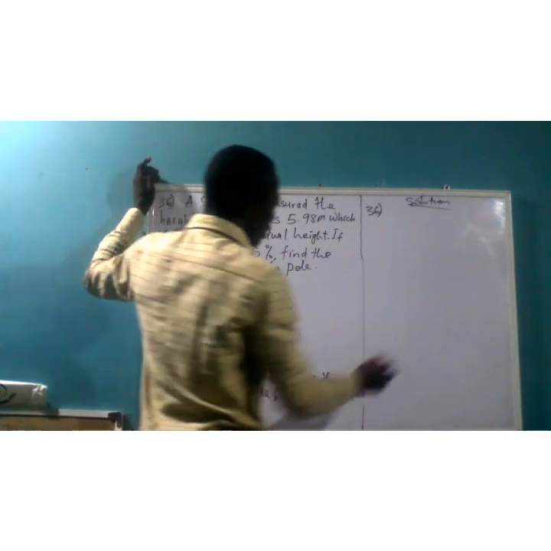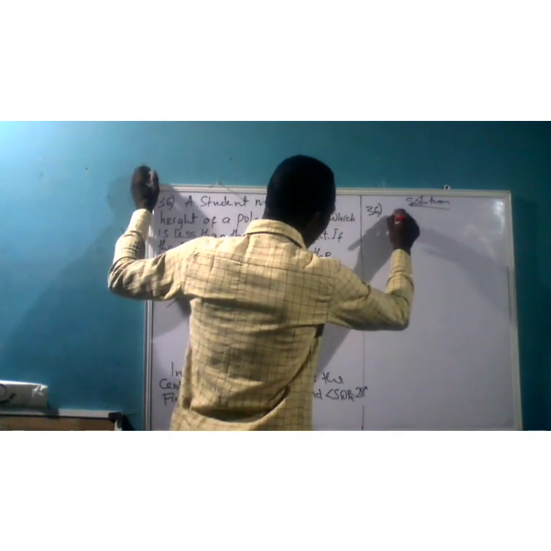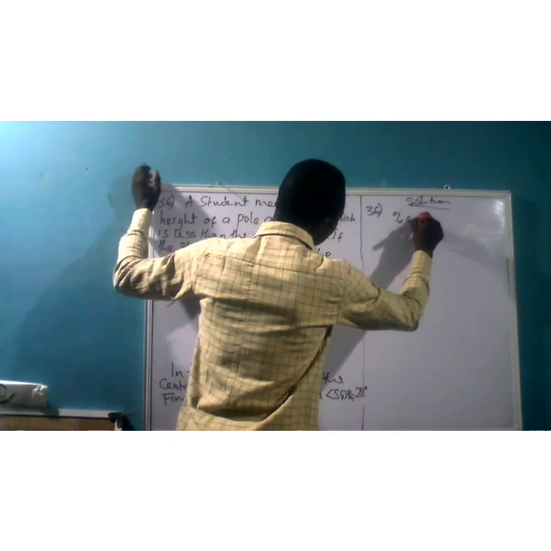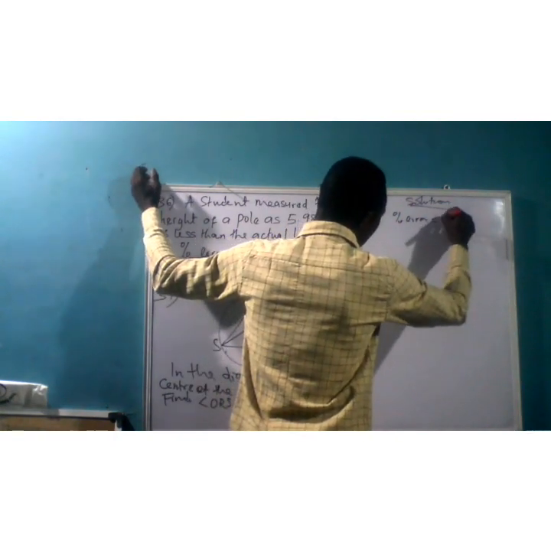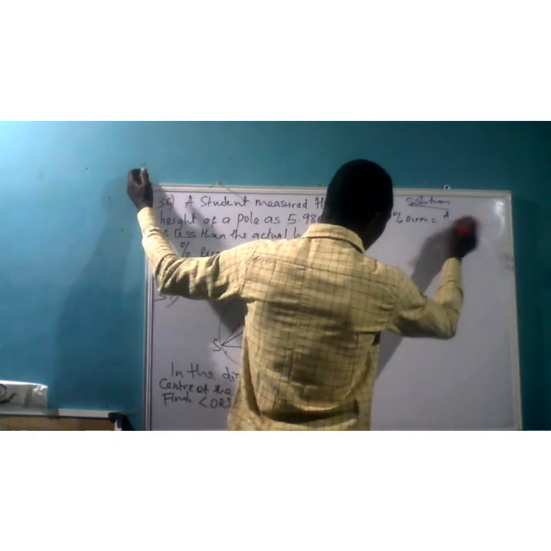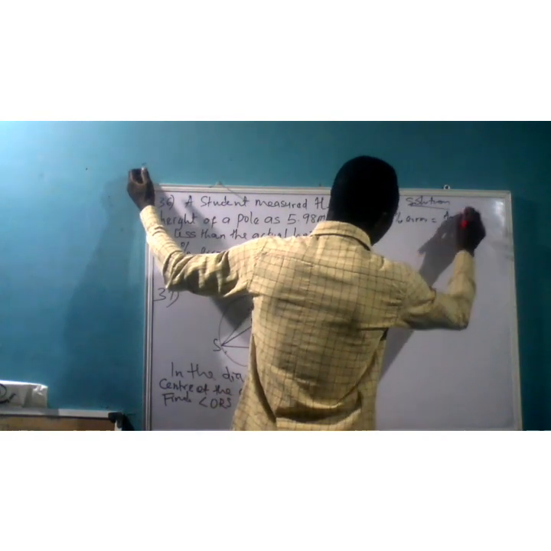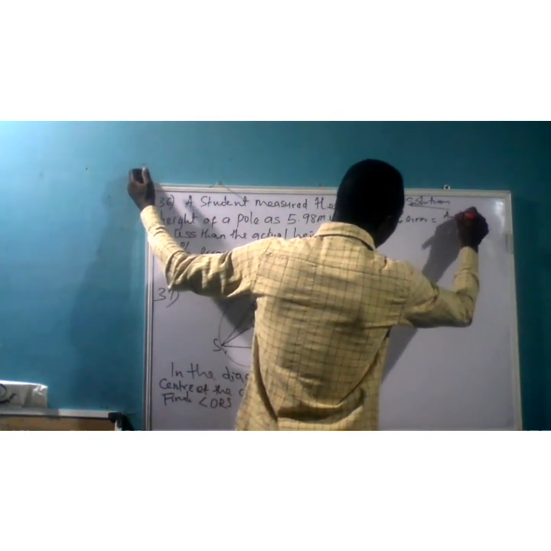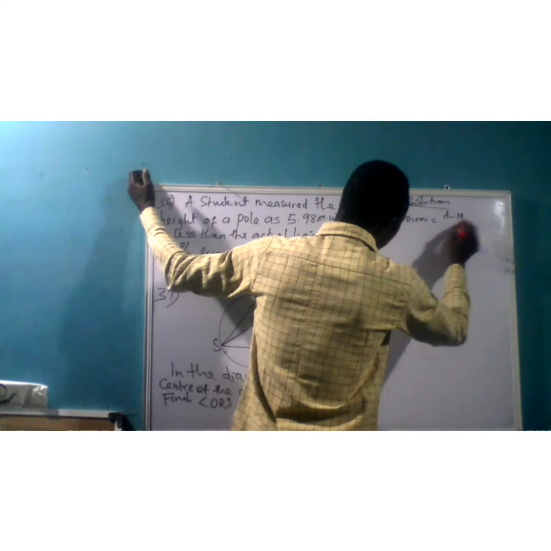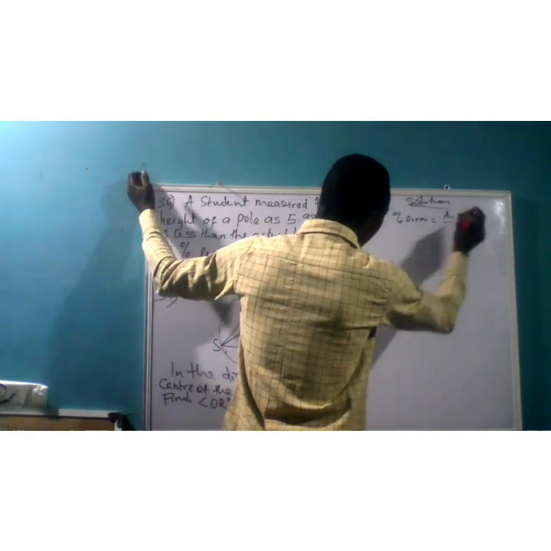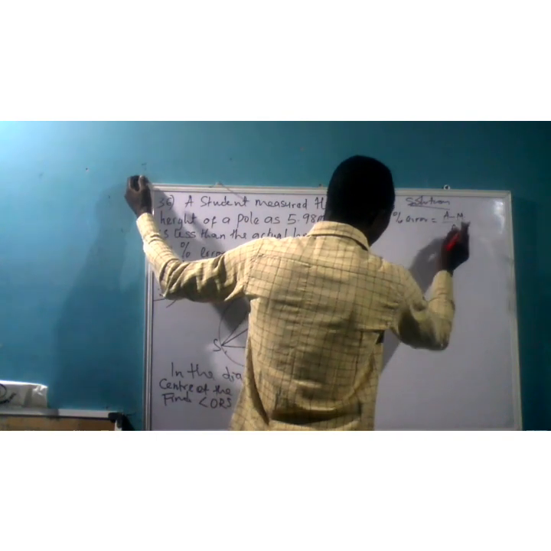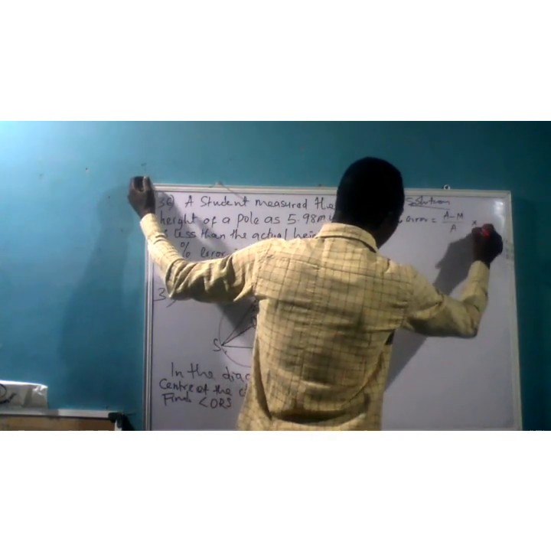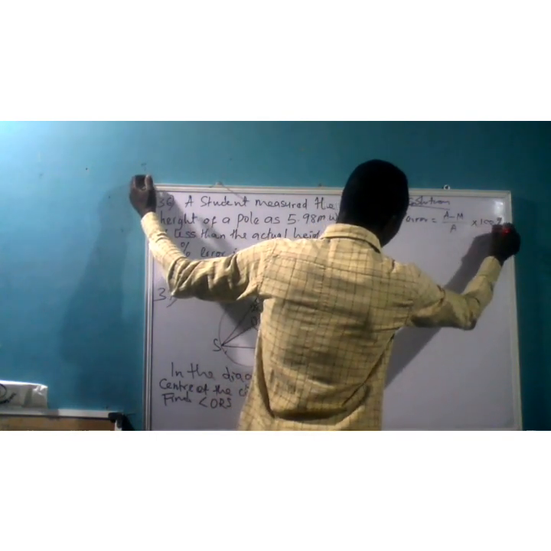Recall that percentage error is equal to actual height, which I want to denote by A in this video, minus measured height, all over actual height, multiplied by 100%.